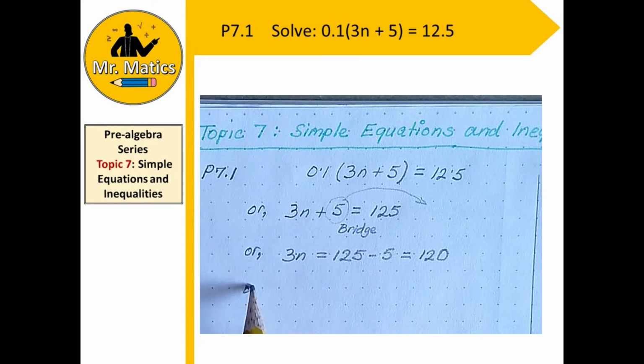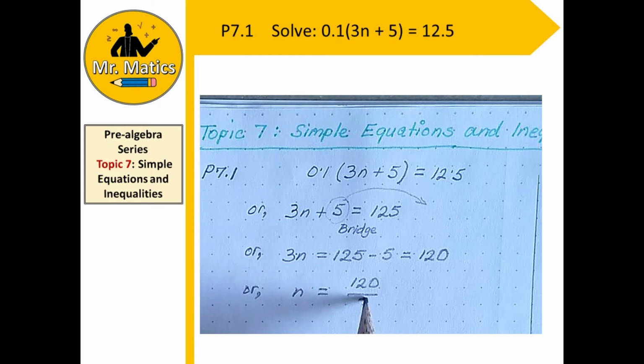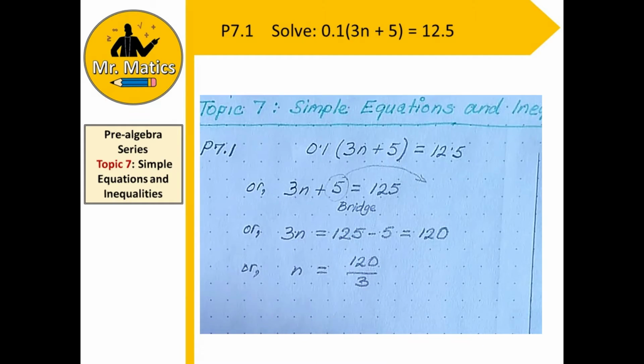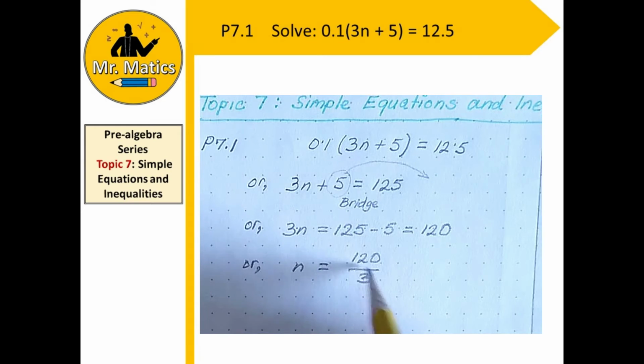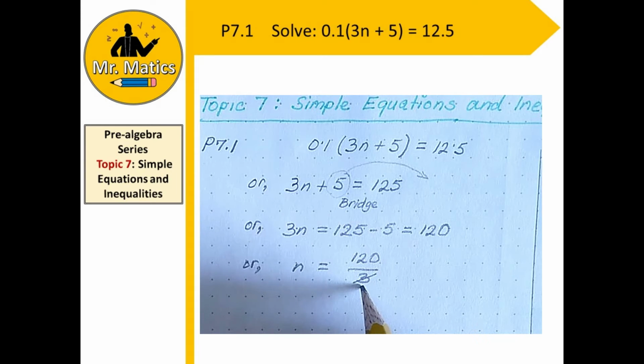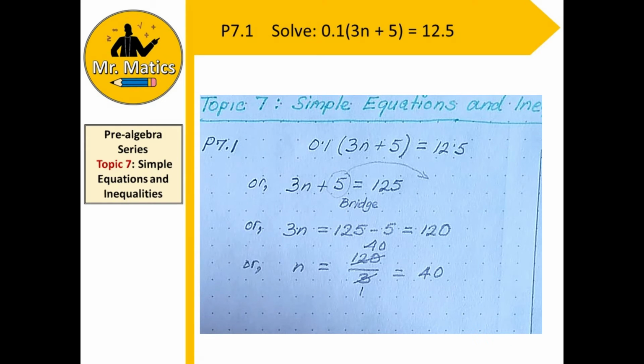And then again we solve for n directly from here. It is 120 by 3. The factor 3 will cancel from top and bottom. Answer is 40.